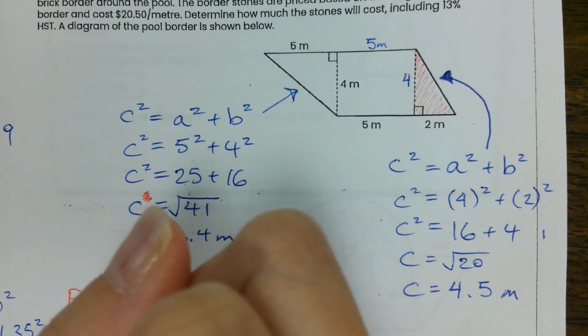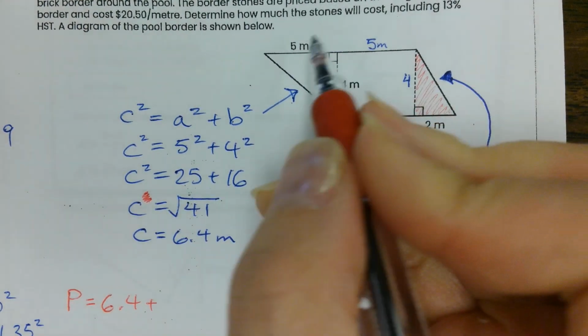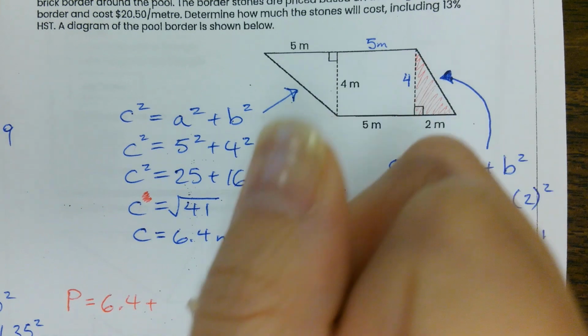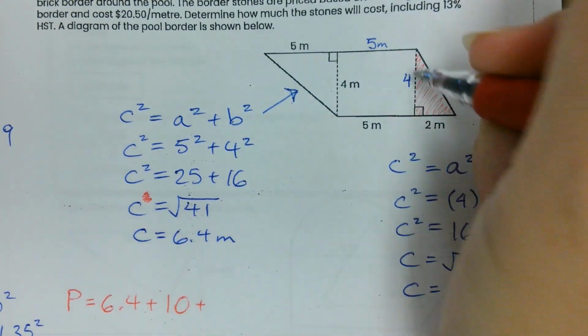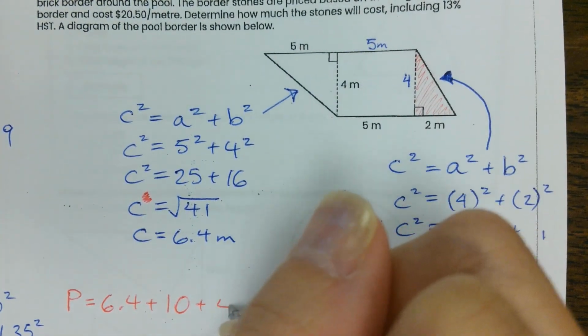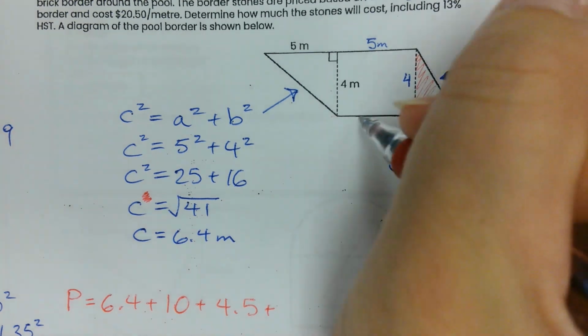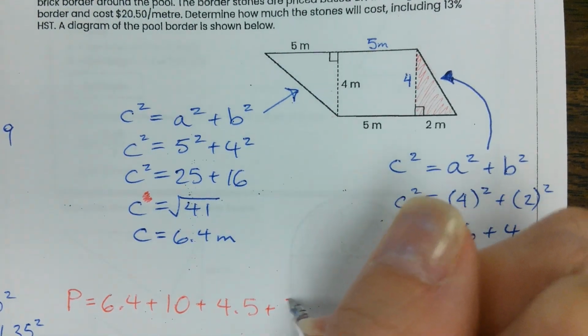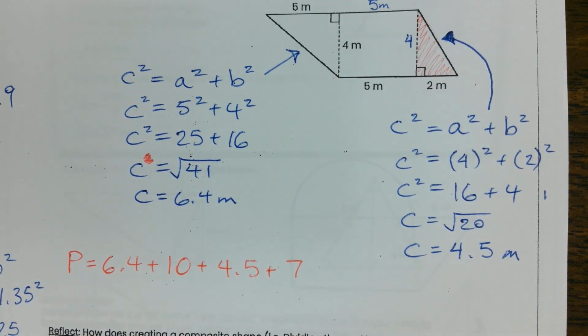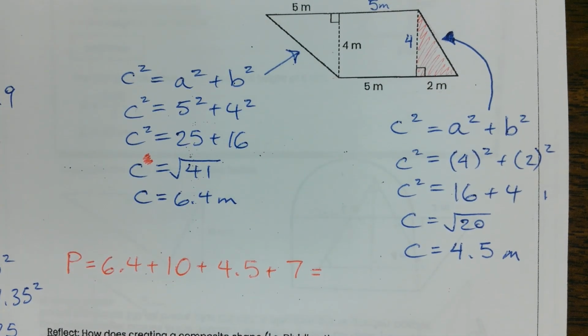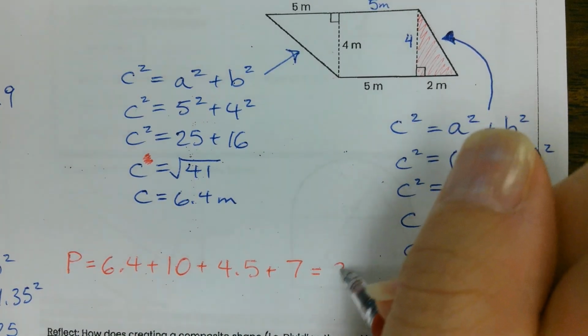So 6.4 plus, this whole side is 10, plus 4.5, plus this on the bottom is 7. So my perimeter is 6.4 plus 10 plus 4.5 plus 7, 27.9 meters.